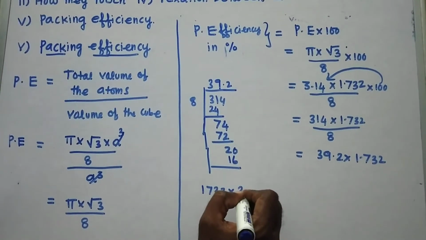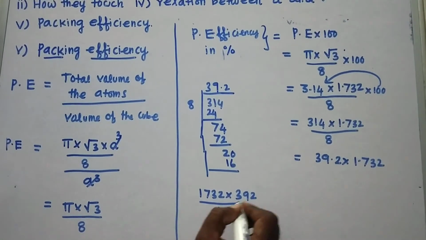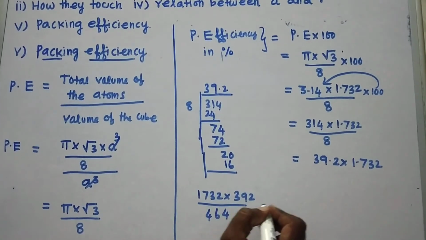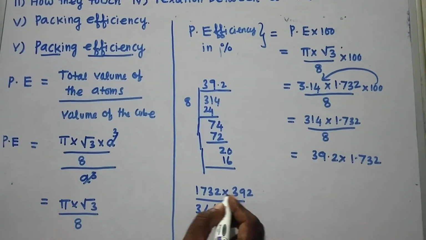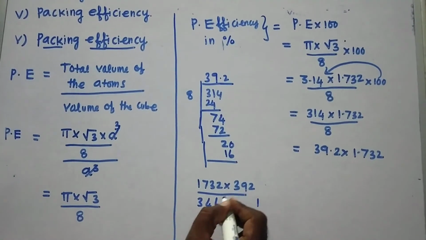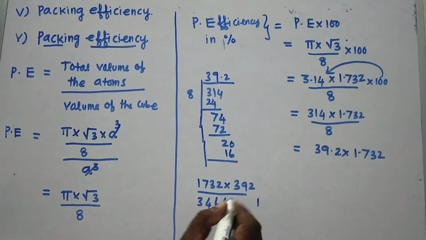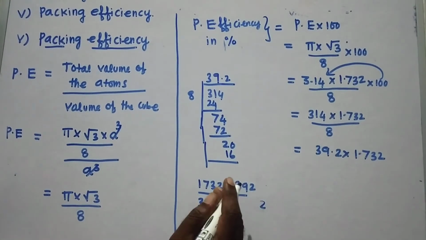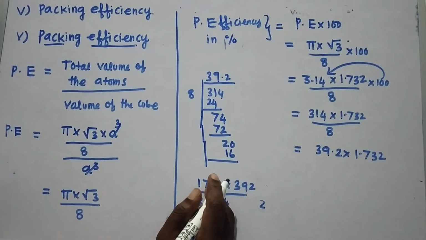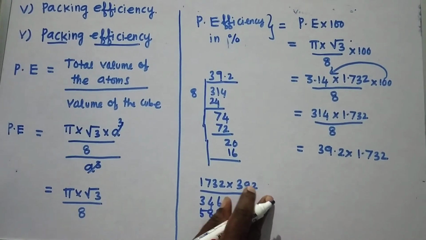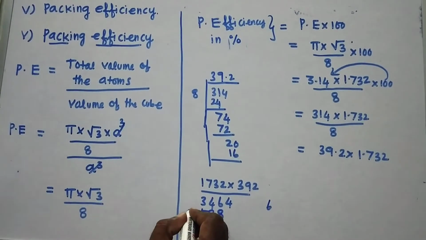Okay, now 1732 into 392. 2 into 2 equal to 4, 2 into 3 equal to 6, 2 into 7 equal to 14, remaining 1, then 2 into 1 equal to 3. Okay, 9, then 9 into 2 equal to 18, 9 into 3 equal to 27, 27 equal to 28, 9 into 7 equal to 63, 63 plus 2 equal to 65, 9 into 1 equal to 9, that is equal to 15.